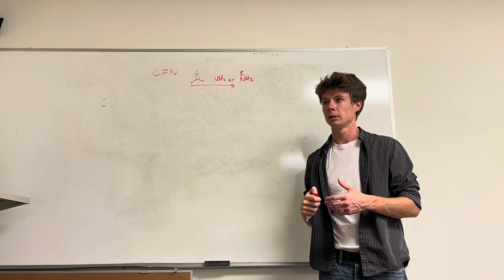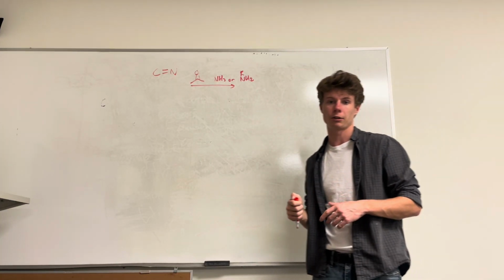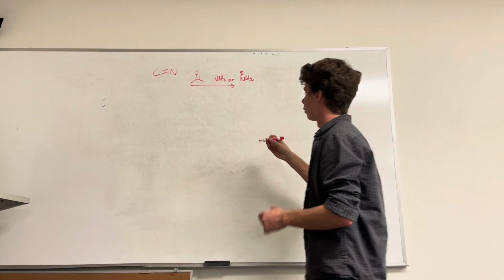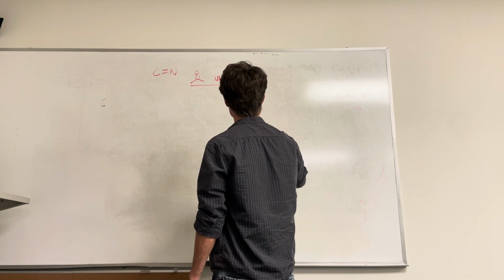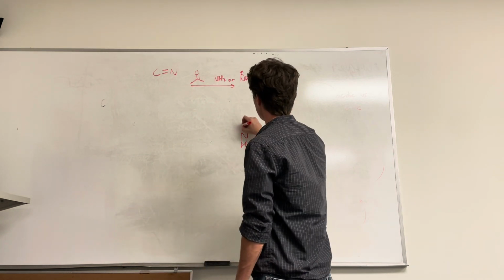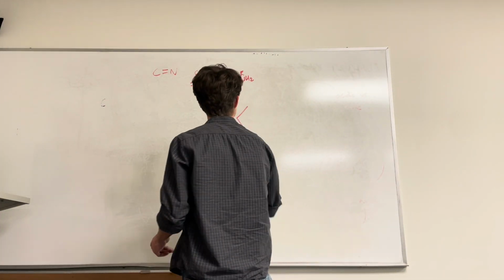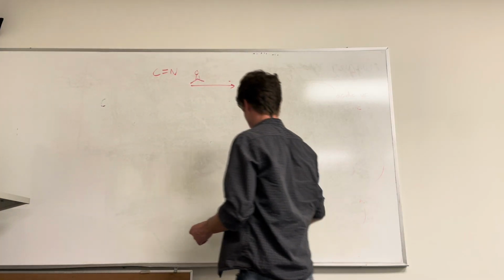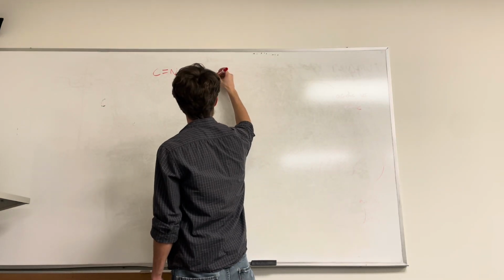If I do a secondary amine, we'll see that we actually make an enamine. So these are my two options, either NH3 or NH2 with some type of carbon chain on it. For our example, let's just use a primary amine.